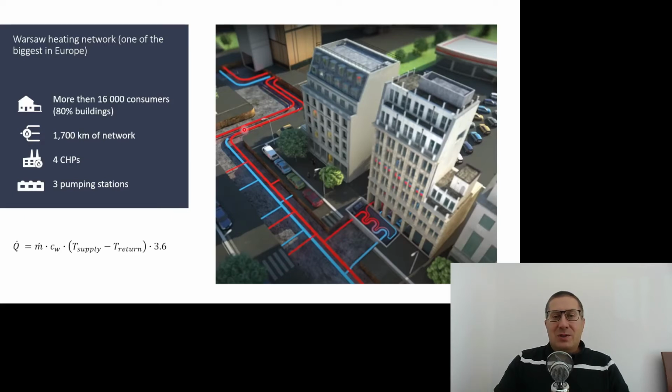It gets back to the plant where the temperature of this water is increased, also in such exchangers, thanks to the power boilers or other sources of energy that are installed in the plants.